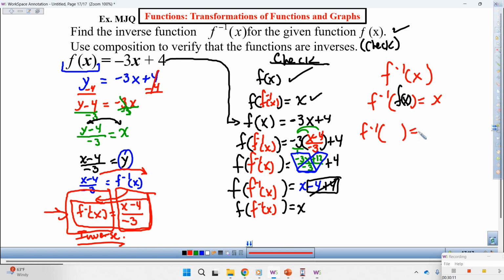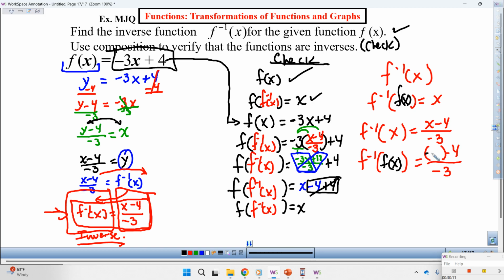F inverse of x equals, hold on, x minus 4 over negative 3. And then f of x goes here for x, and over here, -3x plus 4. That is correct. I'll stop right there. Just finish it off, and at the end, you need to end up equal to x.